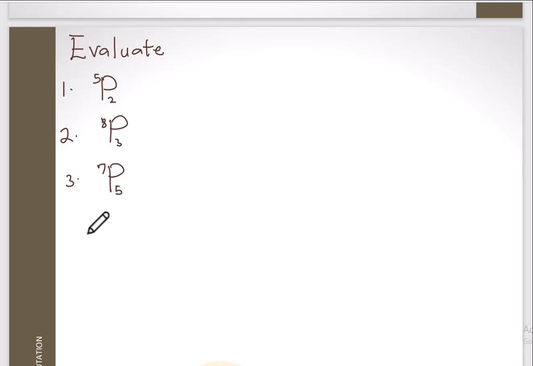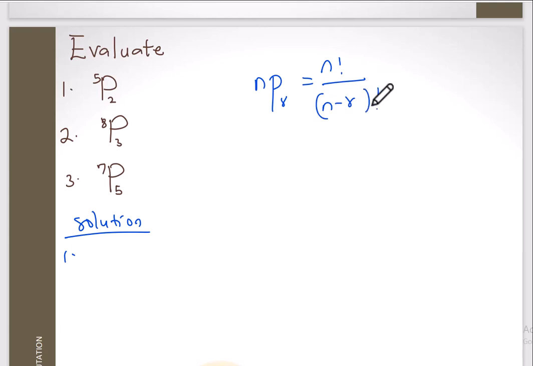We can simply say, solution for question number one, according to the formula, let's put the general formula here, which says n permutation r is equal to n factorial over n minus r factorial. So for question number one, this becomes 5 permutation 2 is equal to n, then 5 minus 2. Okay, so here we have 5 factorial.